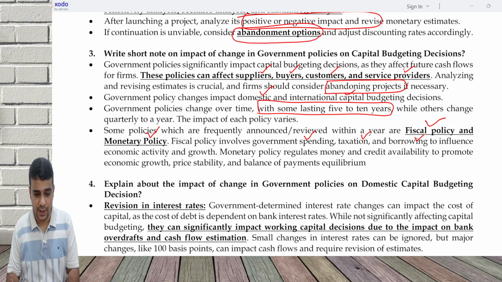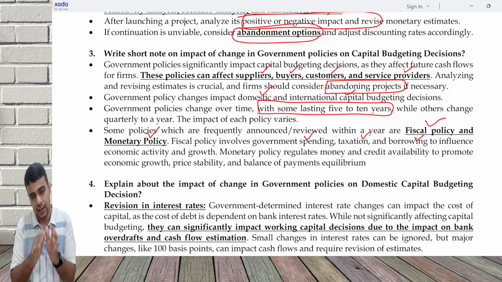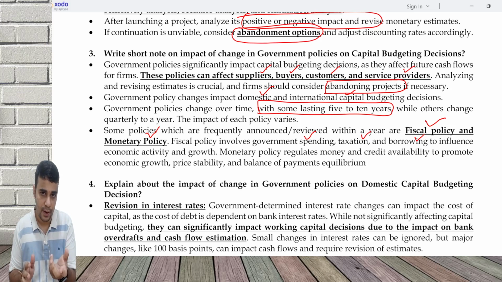Okay, the next one is just an extension of the changes in technology discussion, where we are focusing primarily on the domestic capital budgeting decision. Then I think there is one discussion on international capital budgeting decision. In the domestic part, again, the focus is on monetary policy as well as fiscal policy. In monetary policy, there can be revision in interest rates.